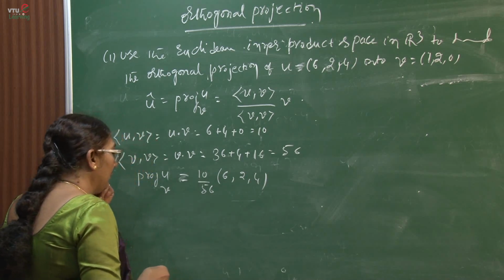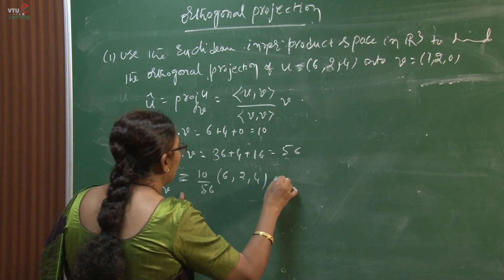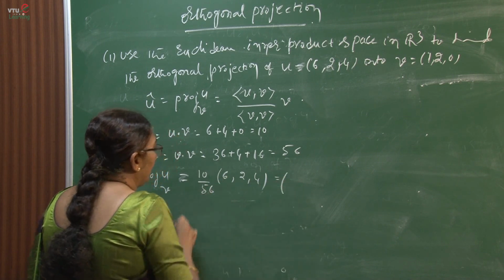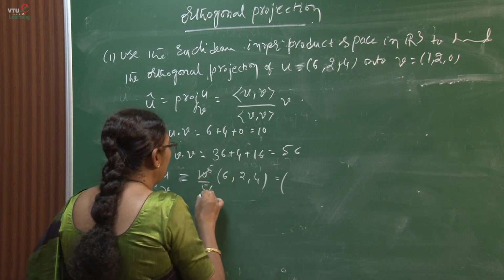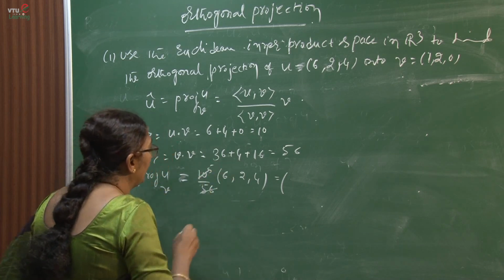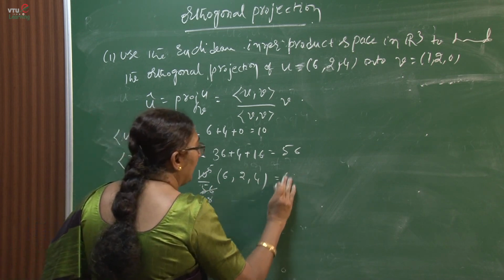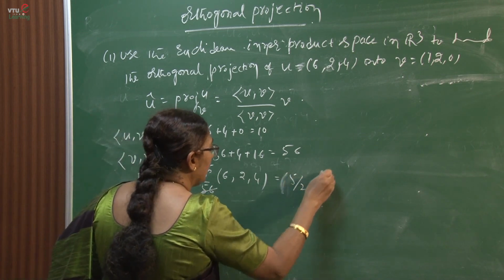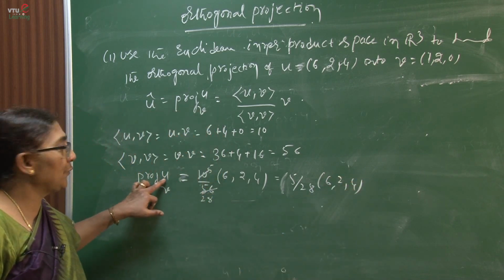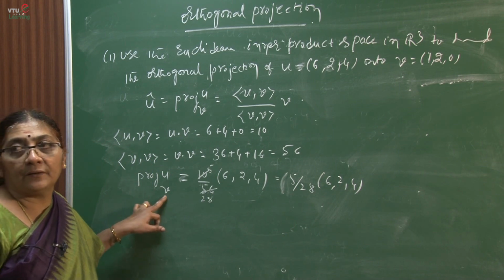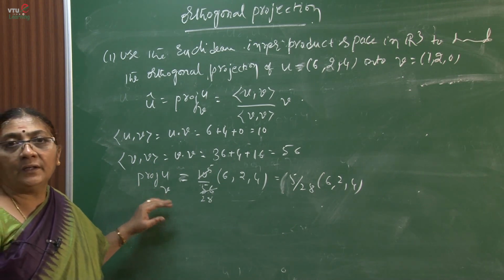If you want to simplify further, you take it inside: 5 ones are 5, 5 fives are 10, 2 fives are 10, and 2 eights are 28, so 5 by 28 of 6 2 4. This is the value of the projection of u onto v. This is the way.